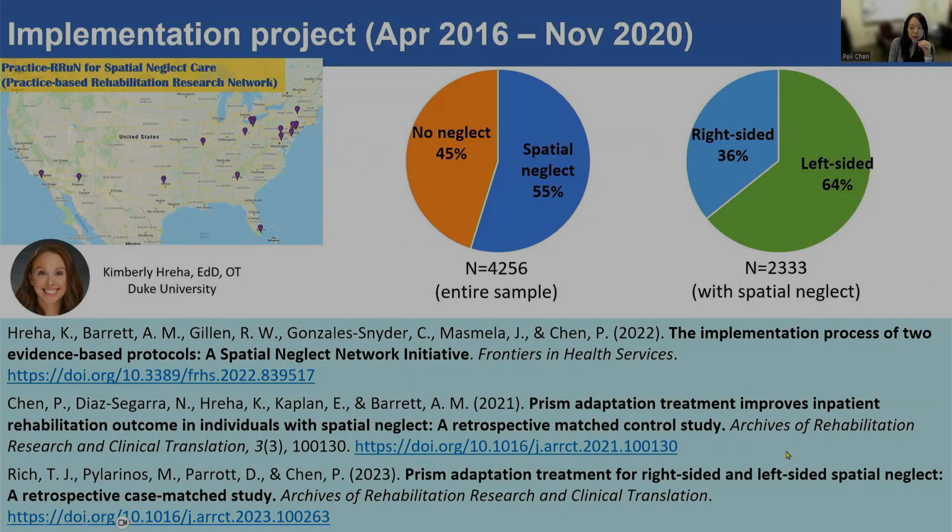We also show that Prism adaptation treatment improves inpatient rehab outcome. We treated both right-sided and left-sided spatial neglect patients using Prism adaptation treatment, and patients with either side of neglect show a similar functional improvement.